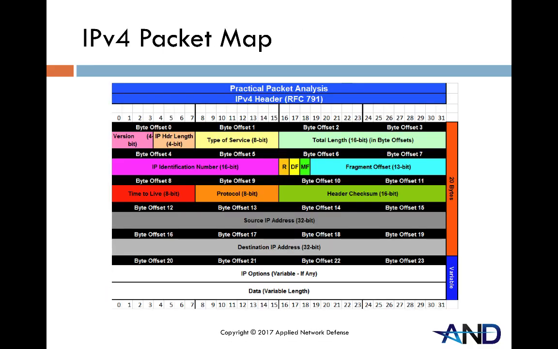Sure enough, there is such a field, and it's the protocol field found at byte offset 9. You should see there that that's a 1-byte field, and the purpose of the protocol field is to tell us what the next expected protocol is after the information is processed from the IP header. So what that protocol is that we're going to be looking for and expecting next, so we know how to parse that appropriately. And that's in byte offset 9.